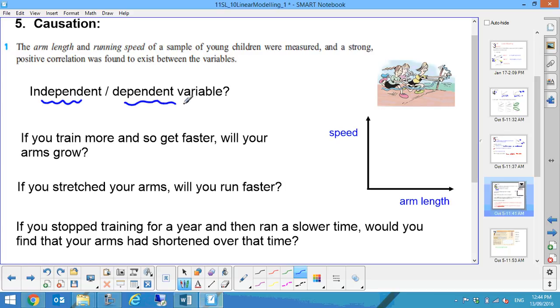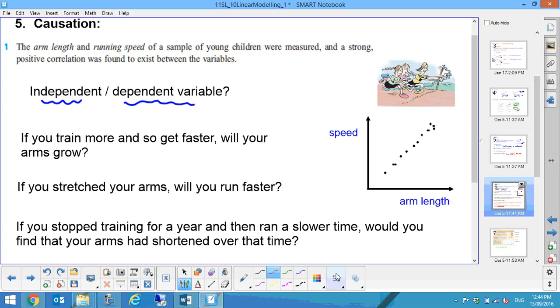So in this example here, the arm length and running speed of a sample of young children were measured, and a strong positive correlation was found to exist between the variables. So if it's a strong positive correlation, that means we've got data that's really close to a straight line. So I'm going to draw it vague, really close. Here's our straight line going to come in.